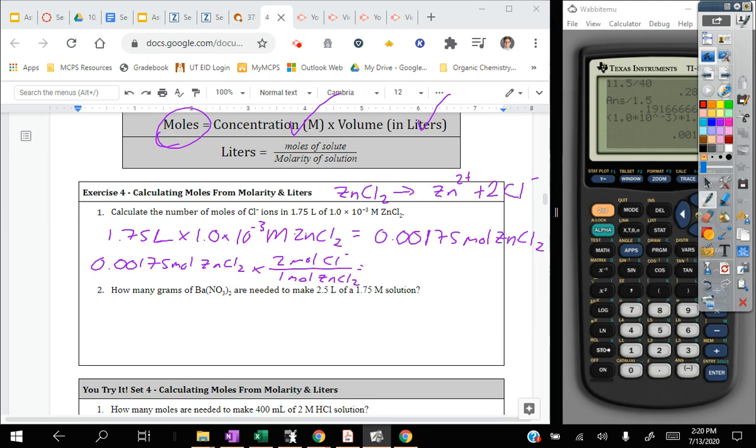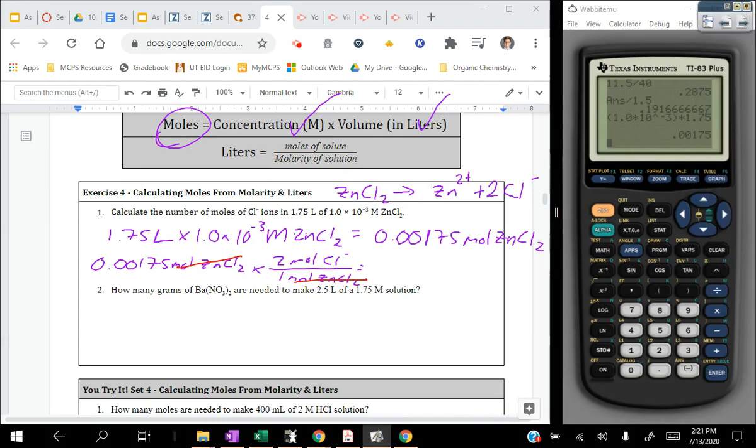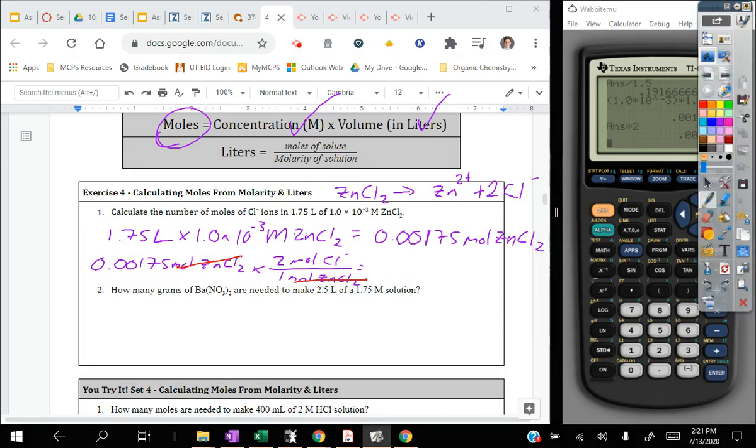Okay, let's check. Moles cancel, moles cancel. I'm left with moles of just chloride ions. If I multiply this by 2, I get 0.0035 as my final answer.